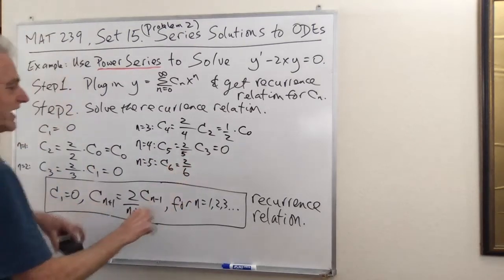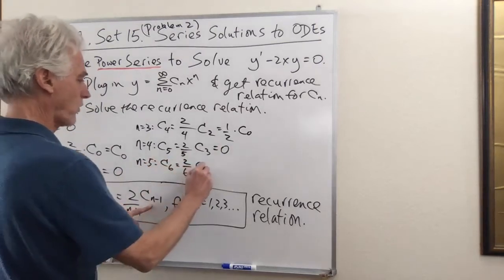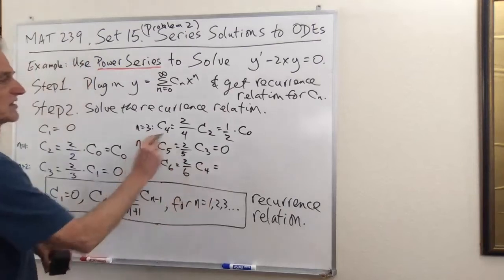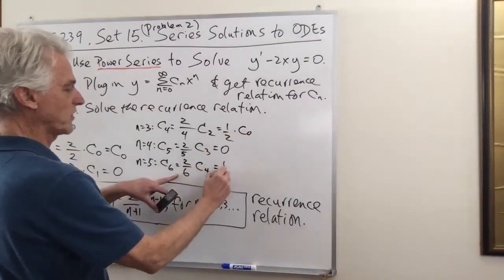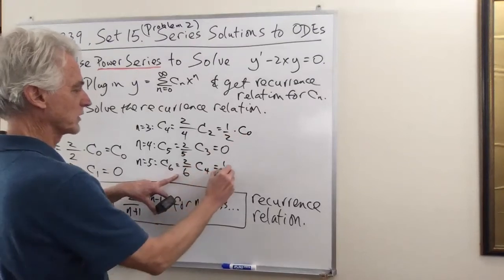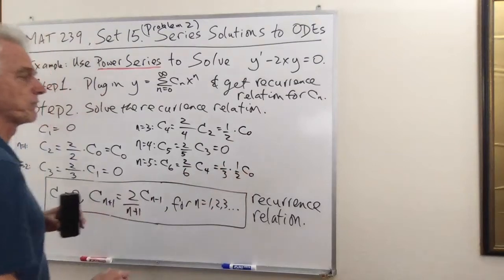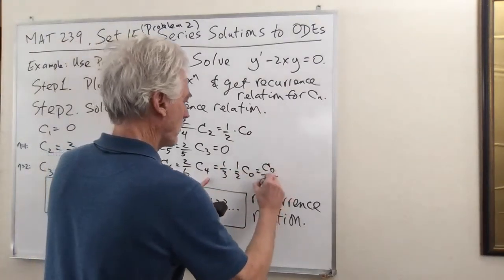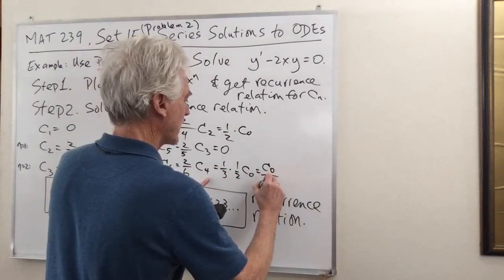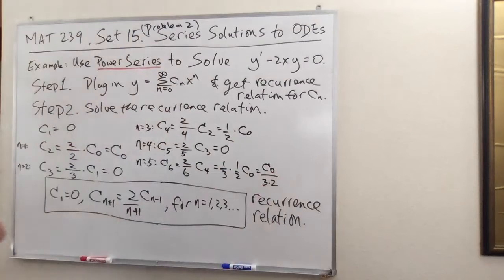Right? And then I have C4. Oh, but what's C4? C4 is a half C0. So this becomes a third, 2 over 6 is 1 over 3, times a half C0. So this is equal to C0 over, let's write it as, 3 times 2. I could write it as 2 times 3. But, okay.